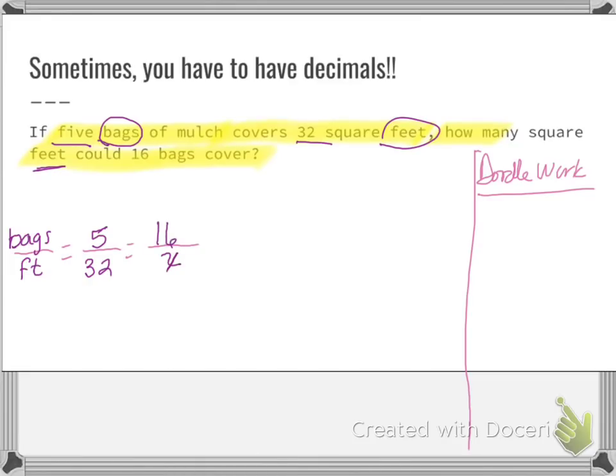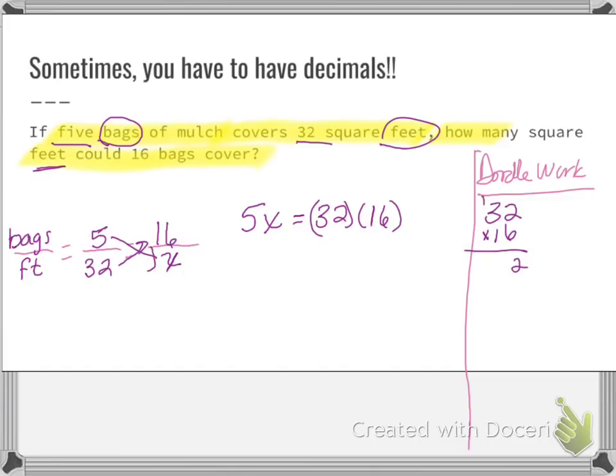All right, so the next thing that I need to take care of is I need to write my equation. And just like before, I'm going to multiply diagonally. So it would be 5x is equal to 32 times 16. So over in my doodle work, I'm going to work out 32 times 16.